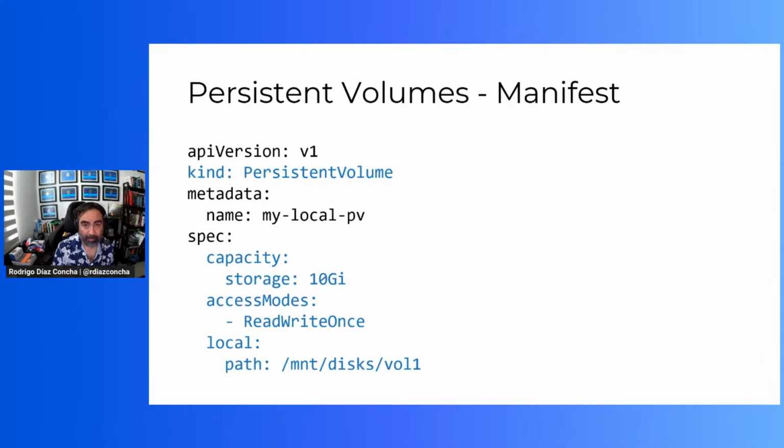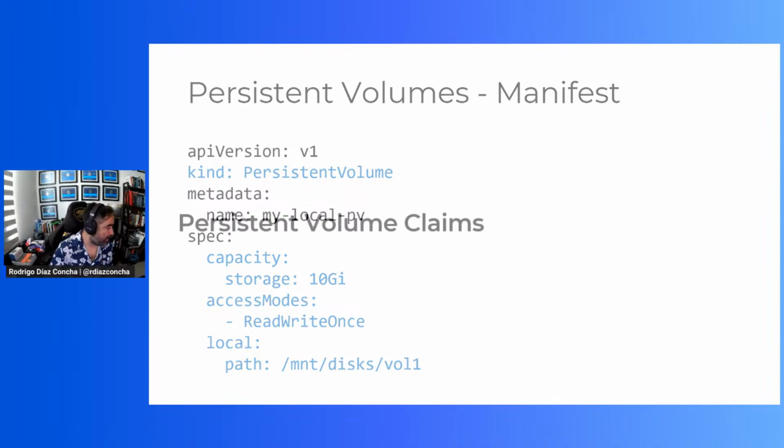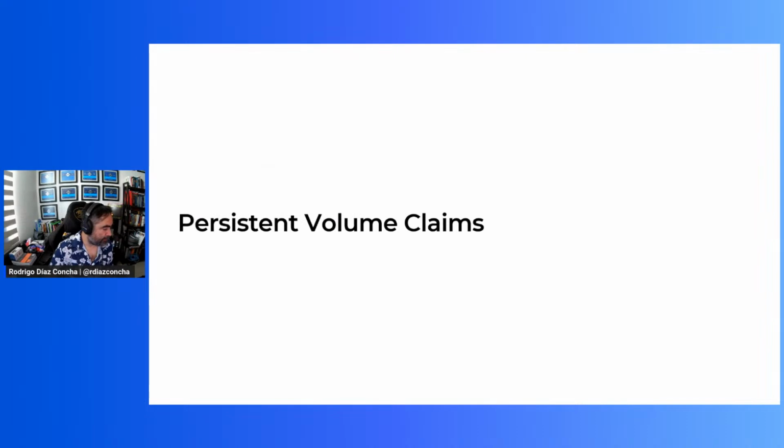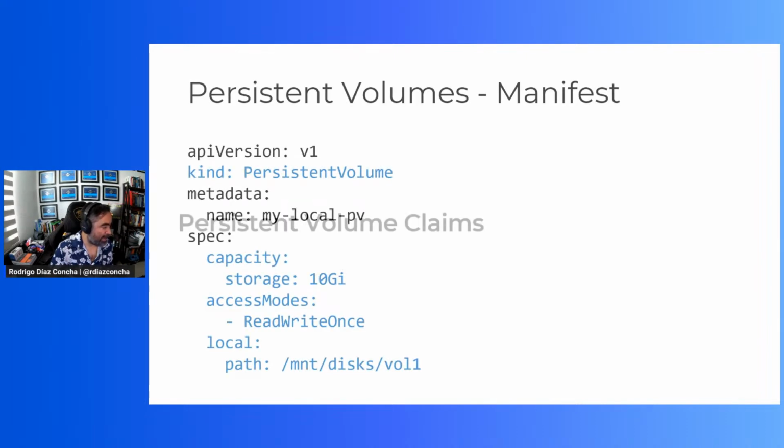In this particular file path. And I want 10 gigabytes of storage, right? In this case, it's gigabytes, okay? So there are many, well, actually 4 or 5 access modes that we can use. This example is just using the ReadWriteOnce access mode value, right?